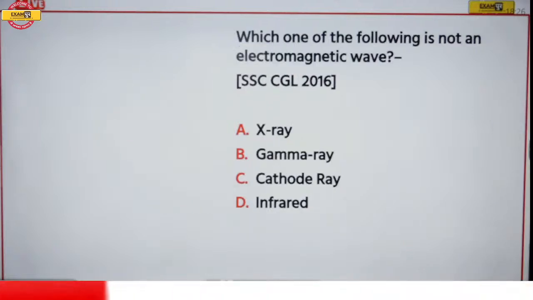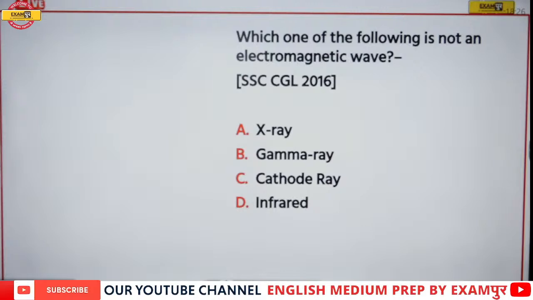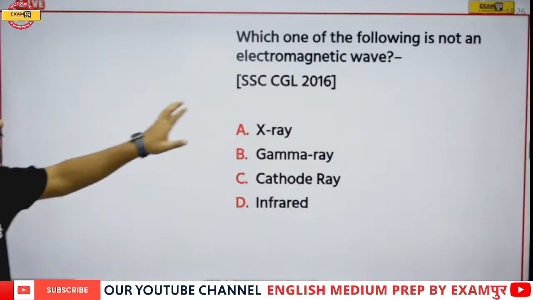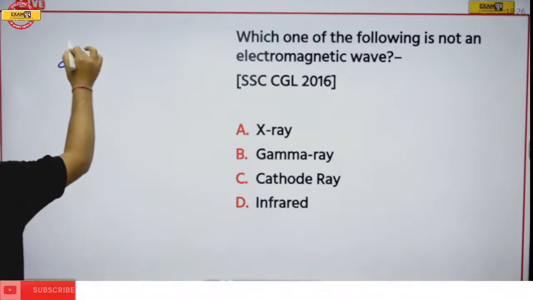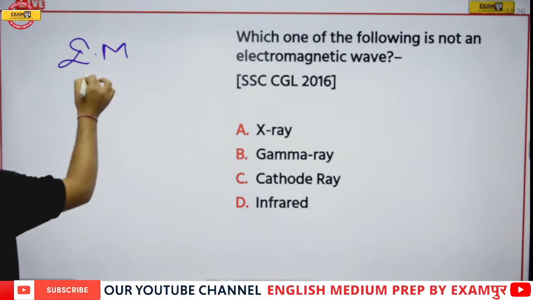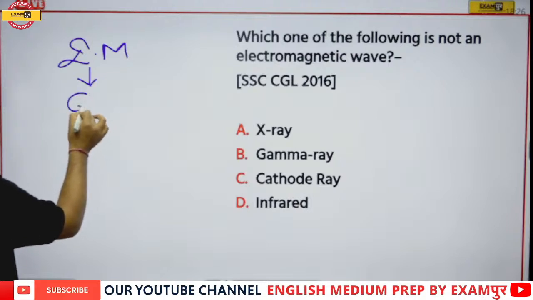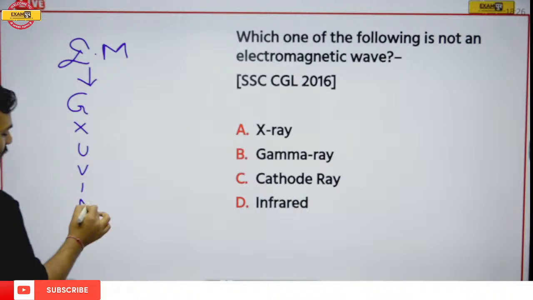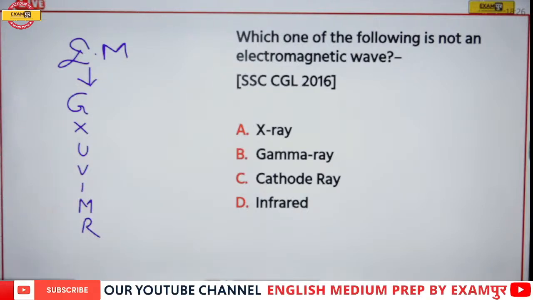Next, which one of the following is not an electromagnetic wave? We just discussed it. This question is from CGL. Remember what we were talking about? If I talk about EM waves, that is electromagnetic waves, we have G, X, U, V, I, M, R, that is gamma ray, X-ray, ultraviolet ray. Remember all those things?